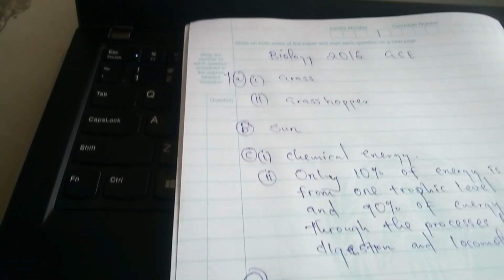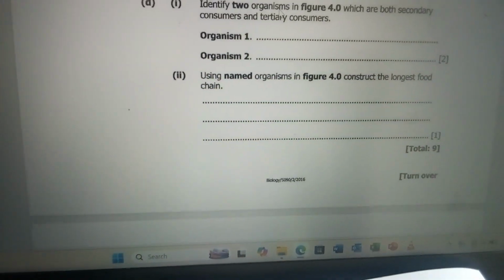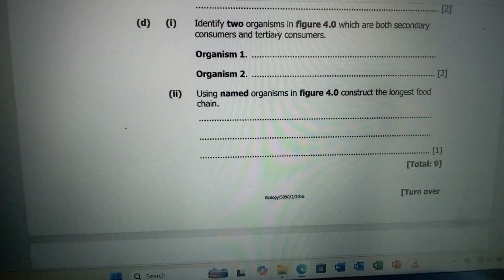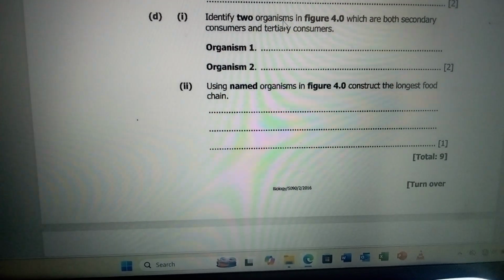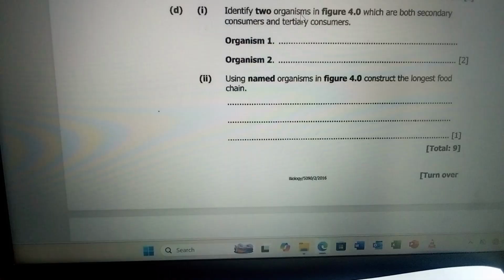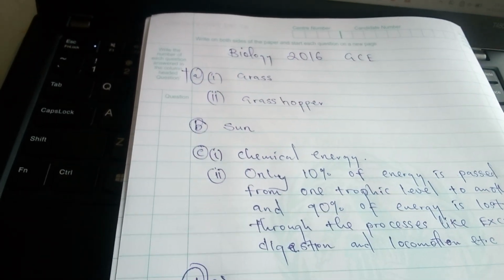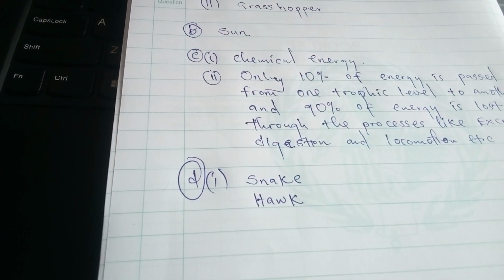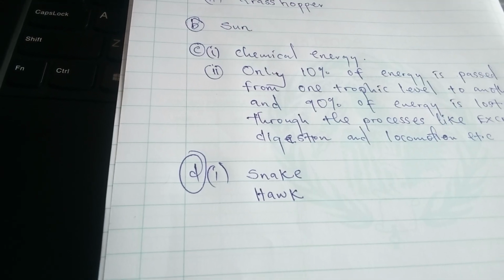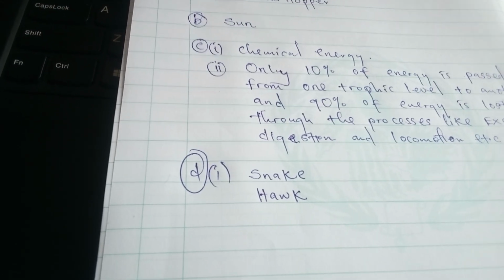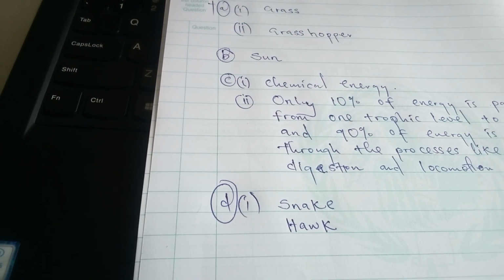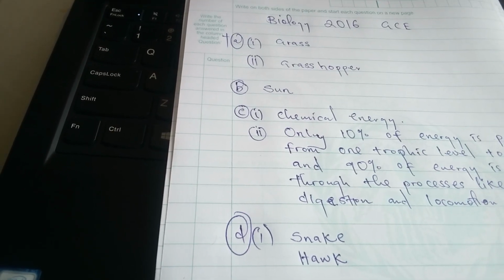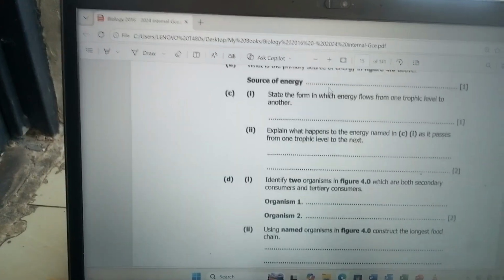So we move on to the last one, where they are saying using named organisms in figure 4.0 construct the longest food chain. Meaning when you are going to draw the food chain, you have to involve those two organisms that we have answered in the previous question. So you have to go back to the diagram so that we see how we are going to move.